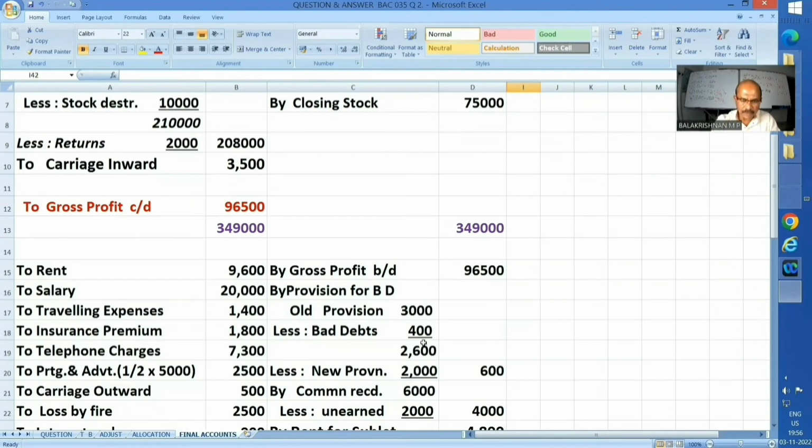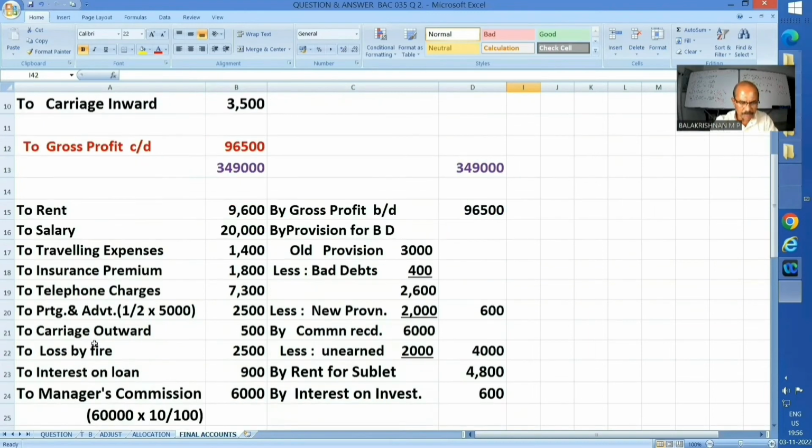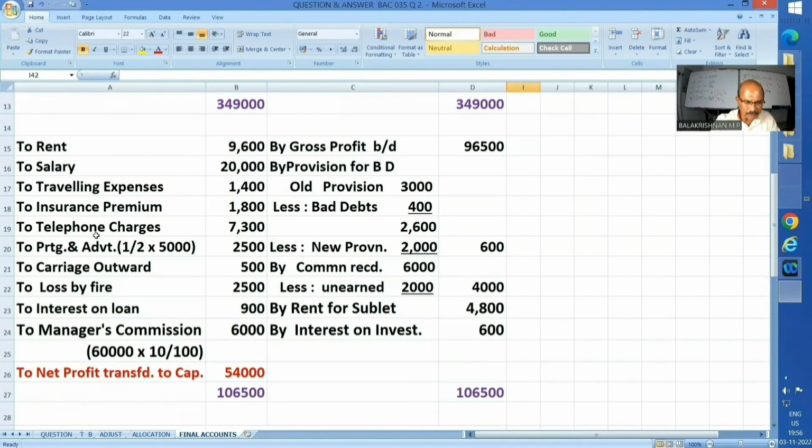Now, rent, no adjustment, salary, no adjustment, traveling expenses, no adjustment, insurance premium, no adjustment, telephone charges, no adjustment, printing and stationery as planned, half comes, that is this much, carriage outward, no adjustment, loss by fire, already explained, to the extent of uncovered loss, that is my loss I had to suffer, that is shown here.